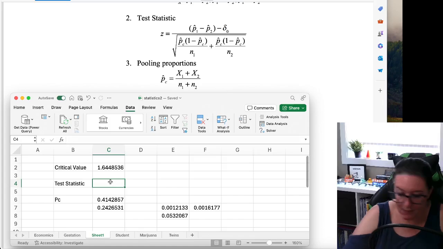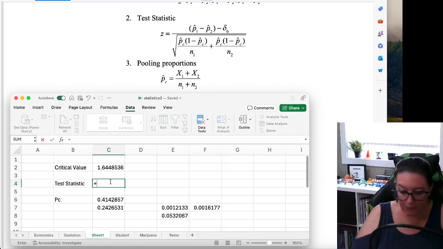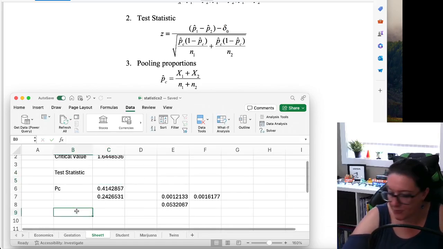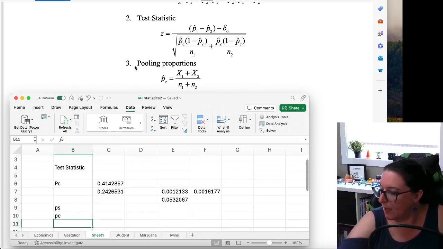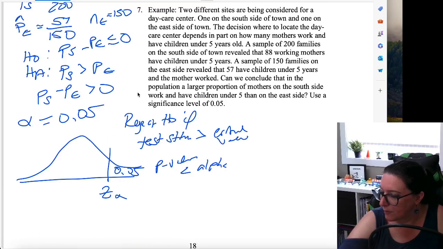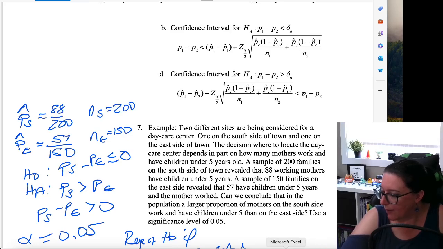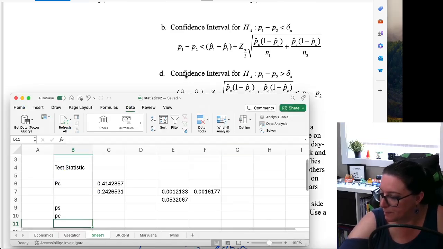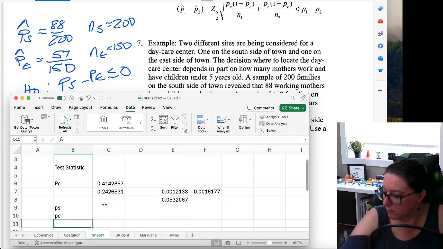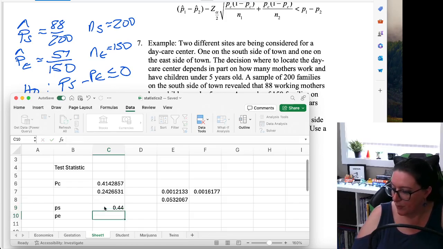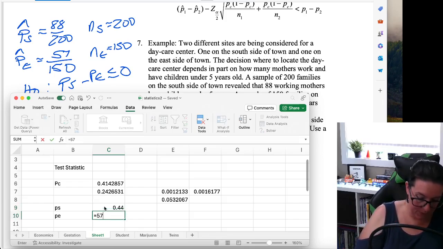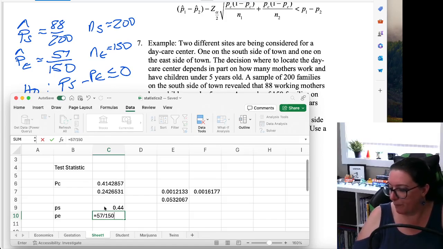The top of the test statistic is going to be the difference between our two sample proportions, so P south and P east. P south is 88 divided by 200, and this one is 57 divided by 150.